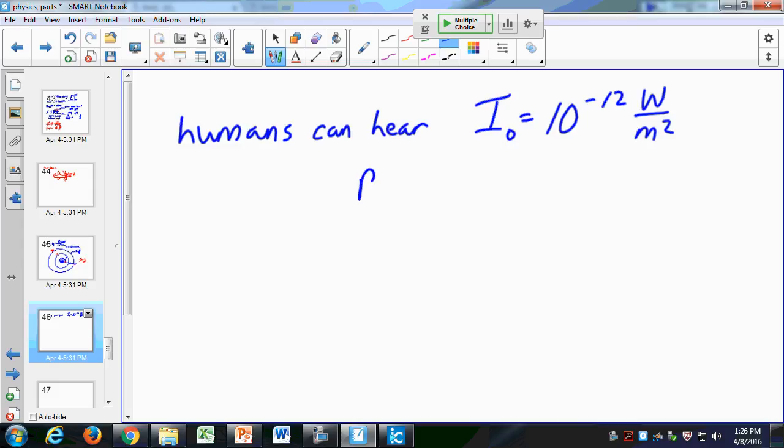And the threshold for pain, which you shouldn't really reach, is equal to 10 watts per square meter. Just take a second to look at those numbers, because that's pretty remarkable. 14 orders of magnitude that you can hear, from 10 to the minus 12 all the way up to 10.